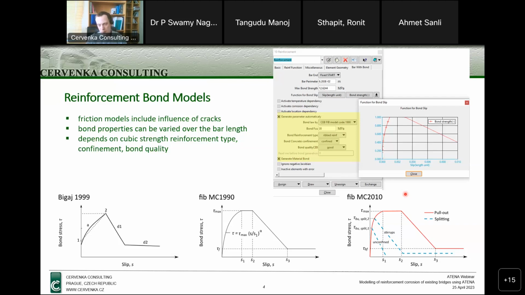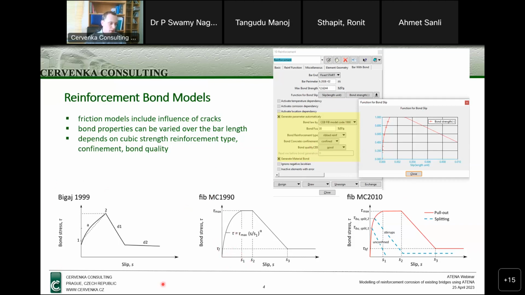When you preprocess your problem in ATENA using the GID preprocessor, there is a tool which allows for automatic generation of the bond slip material law. I mean that based on the strength of the concrete, type of bars and the bond quality as defined in the FIB code, it automatically generates the bond slip function for you.